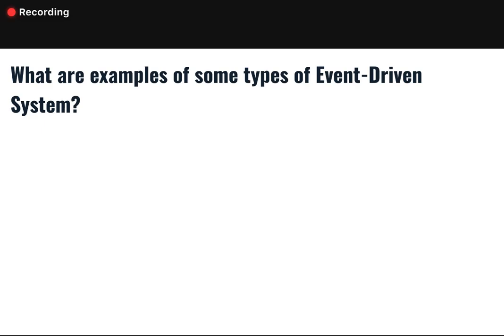A calculator? Yeah, that could be a potential example of an event-driven system. What types of systems do we think of? A calculator could be an example of a very simple embedded event-driven system.